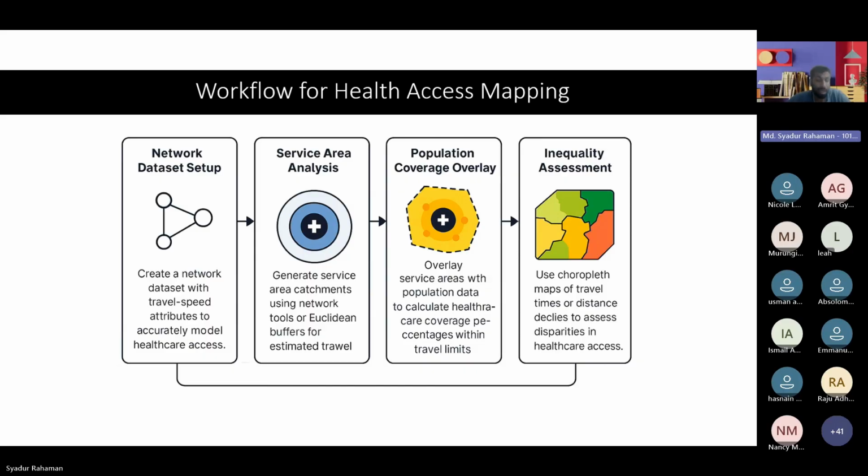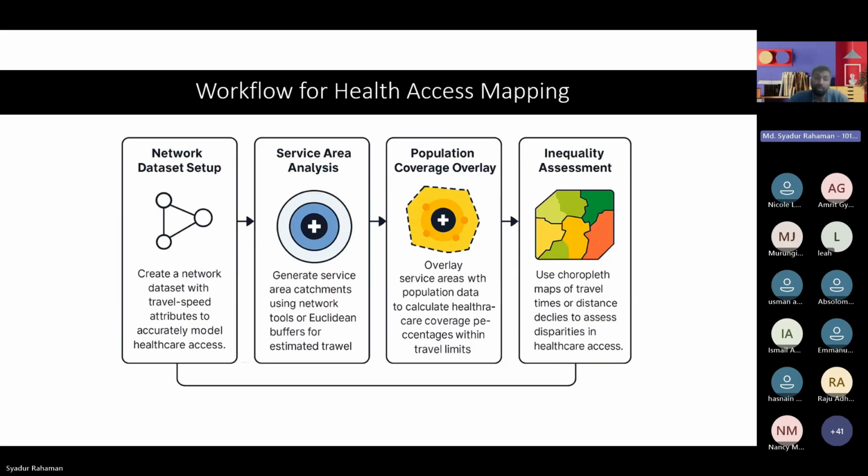Then we could analyze the service area, like the catchment. I have a point file of a hospital. Then we could do a buffer analysis: this hospital may serve a 10 kilometer radius, or 20 kilometers, or 5 kilometers. So at which level this health facility provides services.